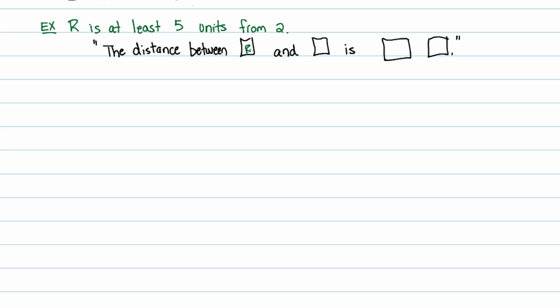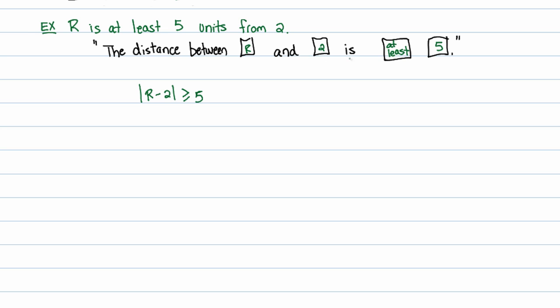So the distance between r and 2 is, and then I'll say at least here, at the very minimum, 5. Well, the distance between r and 2, that's an absolute value, r minus 2.